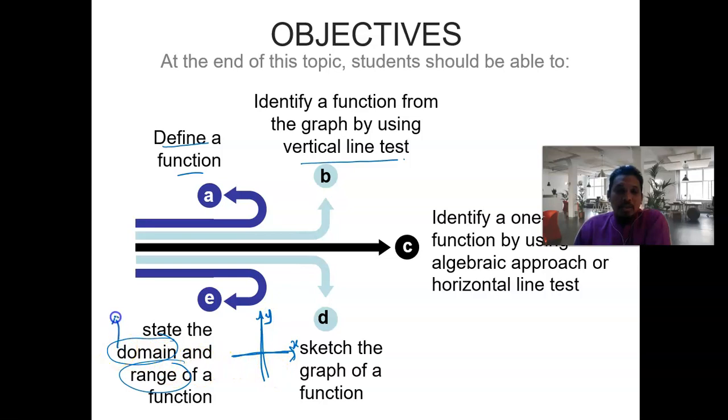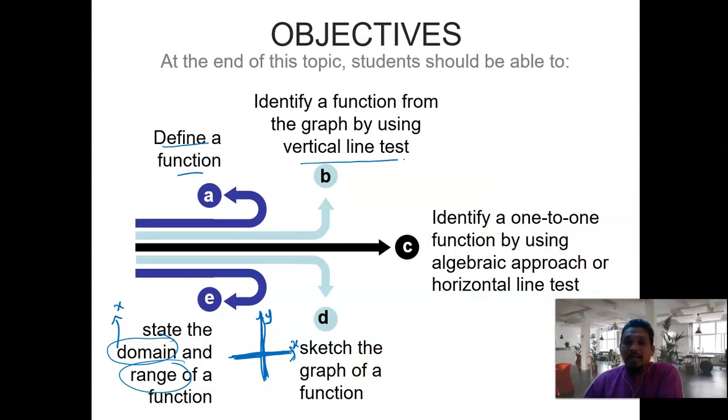So domain is all about x, meaning the value that lies on the x-axis, and range is all about y-axis. Okay, and then students should be able to sketch the graph of a function, whether it is linear, quadratic, cubic, whatsoever, and how to sketch the graph. And then identify a one-to-one function using algebraic approach or horizontal line test.